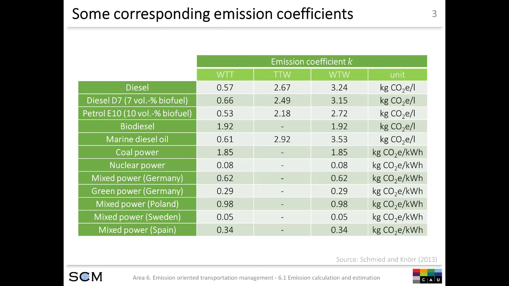You will see that the unit of measurement is not just carbon dioxide per liter, it's carbon dioxide with a lowercase e per liter. This e stands for equivalent and is read as carbon dioxide equivalence. What does this mean? It means that burning a liter of diesel not just emits carbon dioxide, but also other types of greenhouse gases.